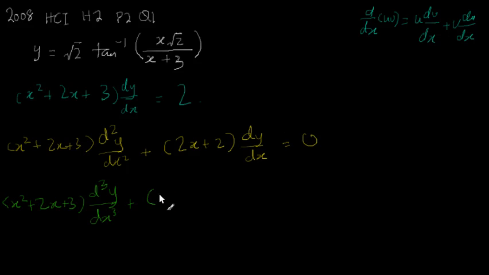I'll differentiate this, that gives 2x plus 2. That differentiates the 0, and that's unchanged. d2y/dx squared.